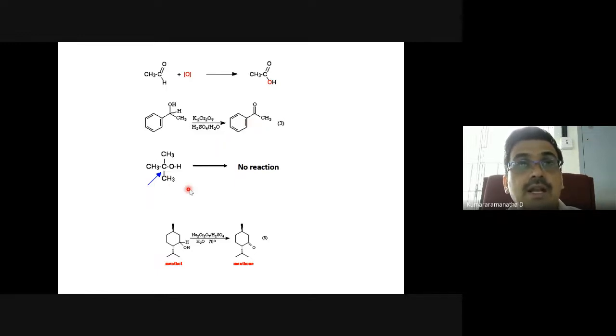And if you take the tertiary butanol group here as compared to this reaction, there is no reaction. So accordingly, we can compare the isomers. Or you can see here, from menthol you can convert into menthone using oxidation, with potassium or sodium dichromate as the oxidizing agent.